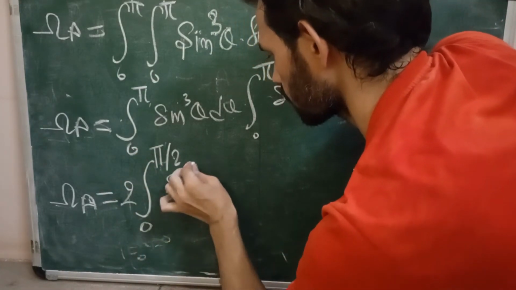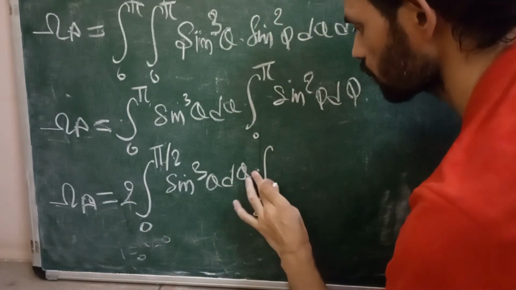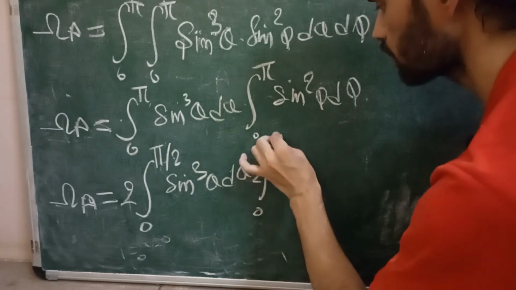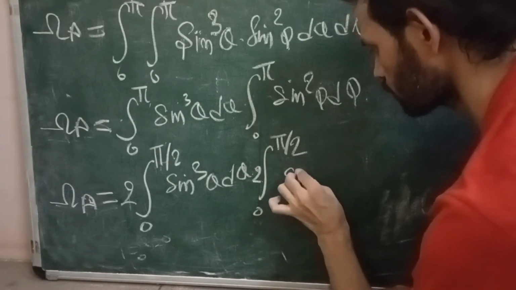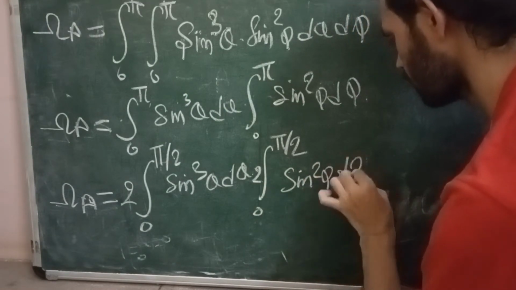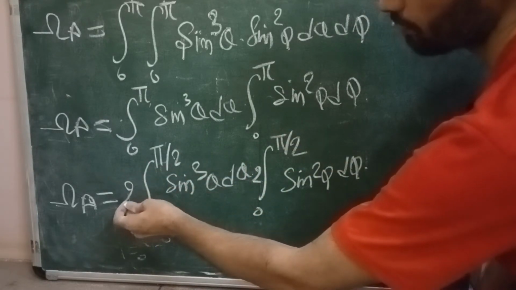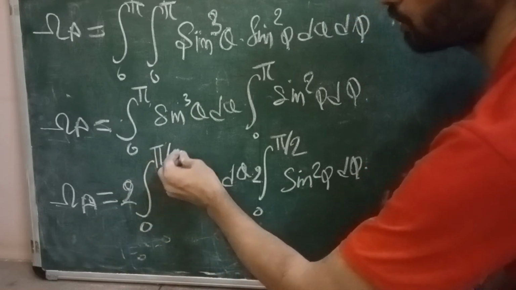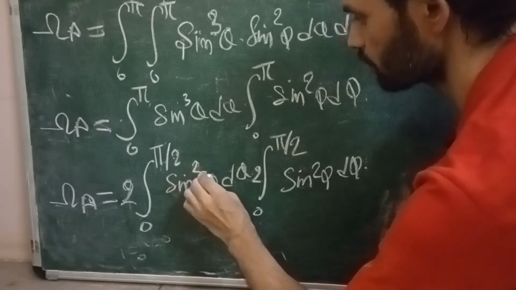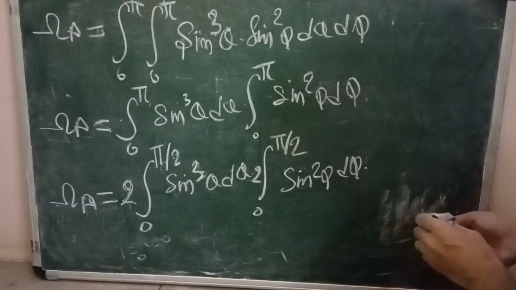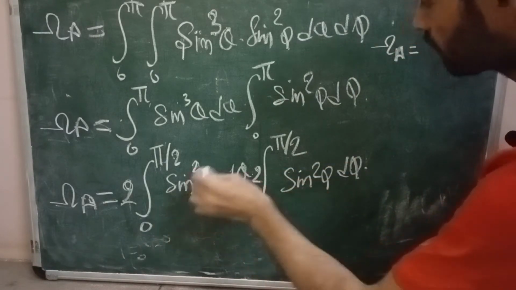So this is sine cube θ dθ, and the same for φ: multiply by 2 and divide the limit by 2, so it is in Wallis form, sine square φ dφ. Now we can apply the Wallis formula. So the solid angle Ω is equal to, by the Wallis formula, this is 2.